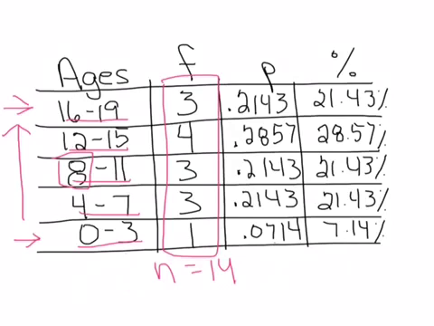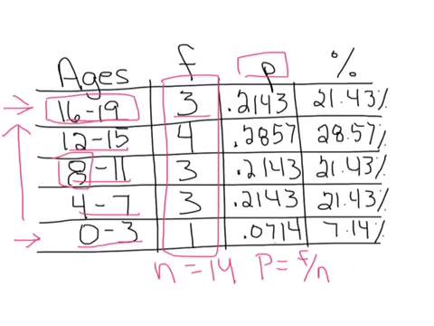Now our proportion column, which is this column right here, is exactly what it sounds. It's proportion, and we get this by doing P equals our frequency divided by n. So in this case, let's say we're going to look at this 16 through 19.